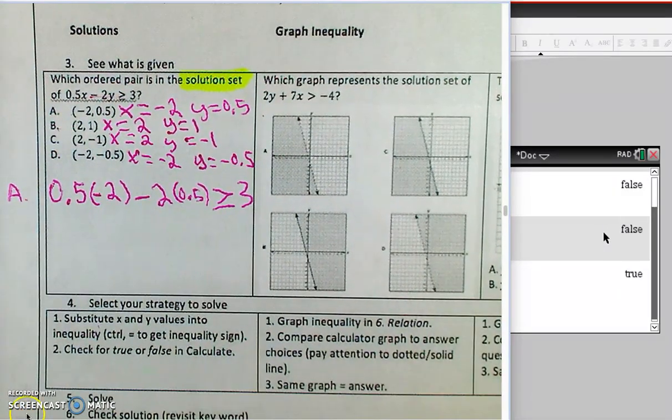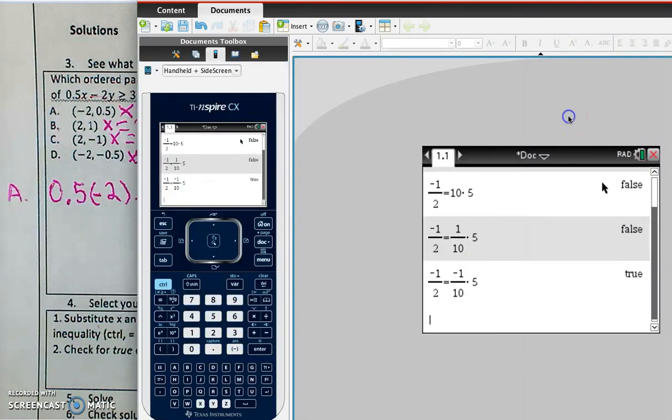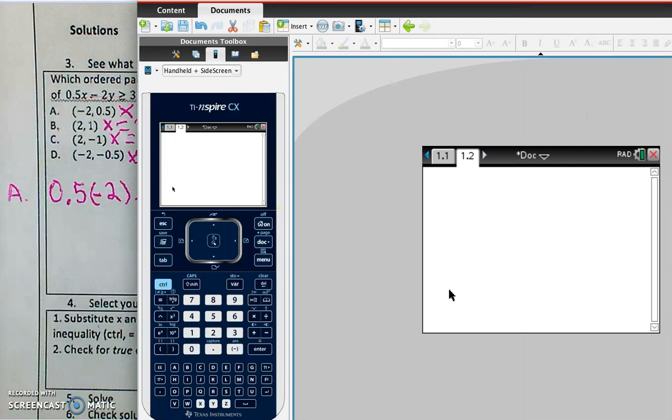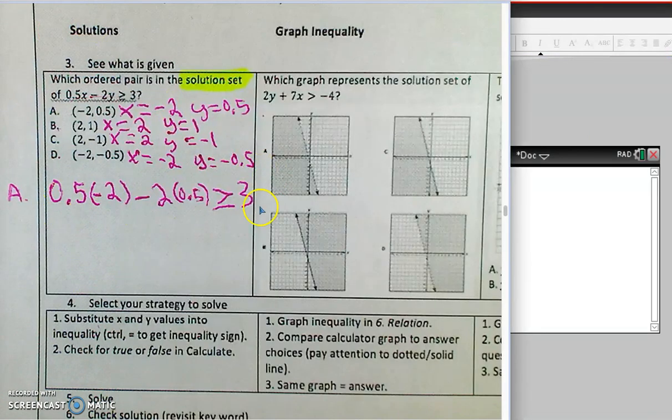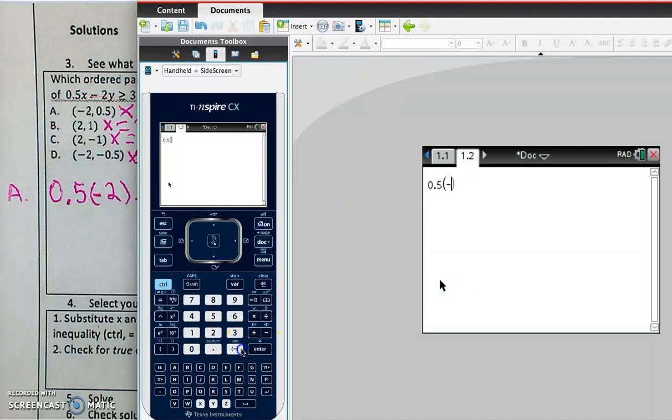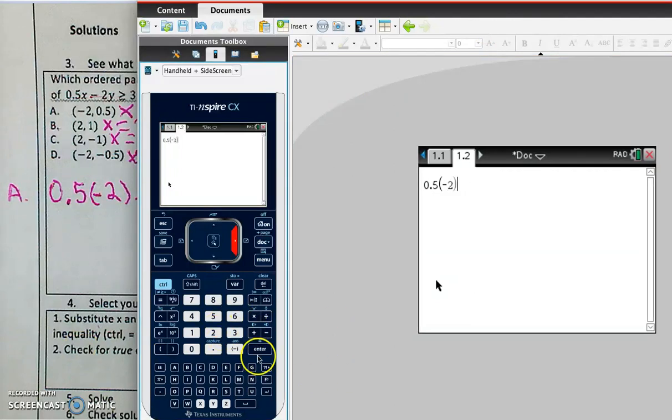Alrighty, now in your calculator, we need to go to home and go to the calculate screen. We're going to type in this equation exactly as we see it here to check if it is true or false. So it is 0.5, parentheses, those are super important anytime you substitute, -2, minus, make sure it's the minus sign, not the negative.